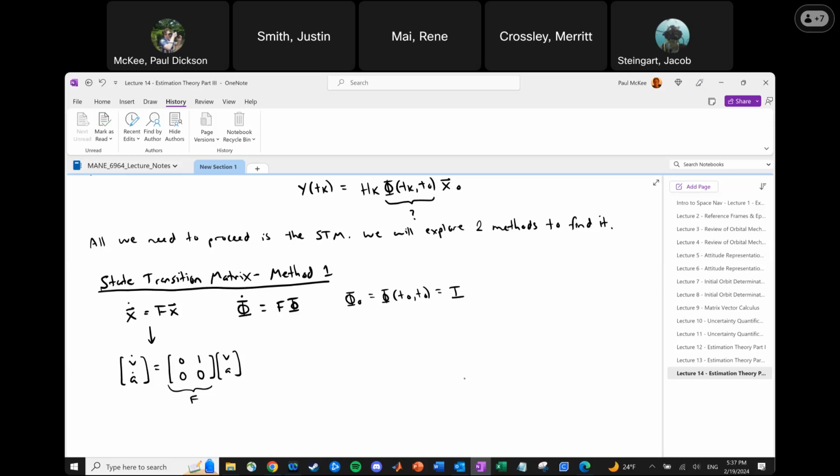Okay. So we can combine this information and the information that phi starts off as the identity matrix, and we can actually go through and set up some differential equations that allow us to solve for the individual terms of the state transition matrix. So we will divide phi into 4 quadrants.